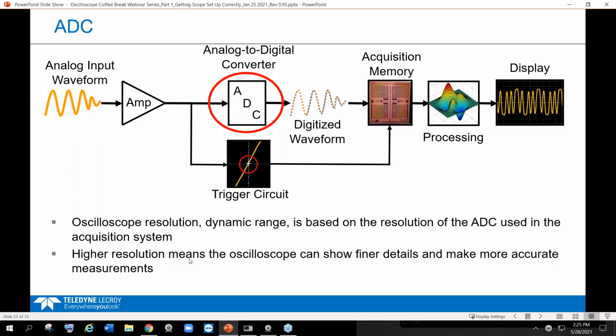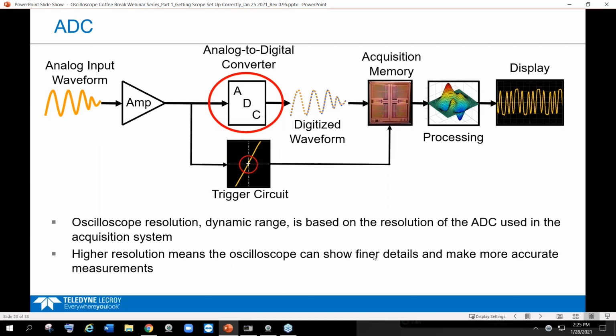And higher resolution, so most scopes have 8 bits, right, for our multi megahertz and even gigahertz scopes. Lower bandwidths have higher dynamic range, higher frequencies have less.